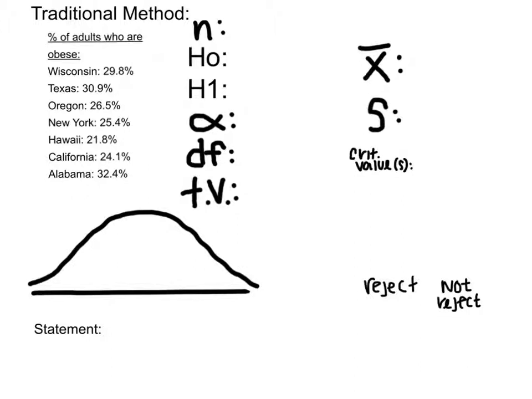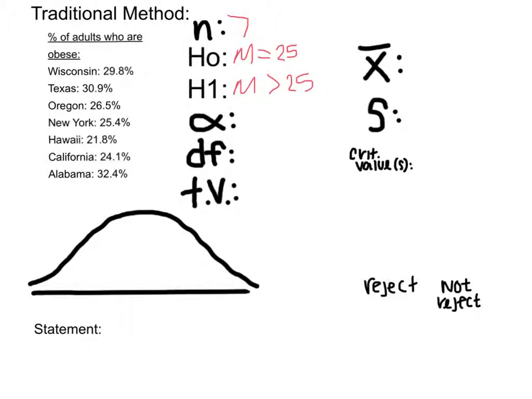First we need to recognize that because we are only looking at 7 specific states, n equals 7. And H naught, as we said before in the previous slide, is mu equals 25. For H1, it is mu, and as we also said before, it is greater than 25.